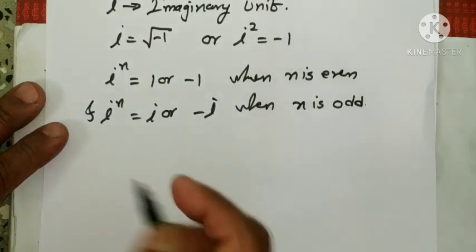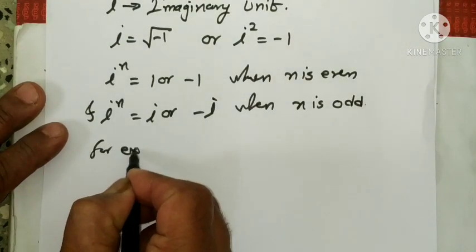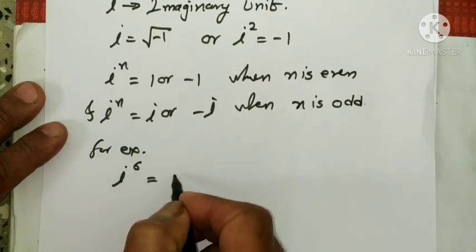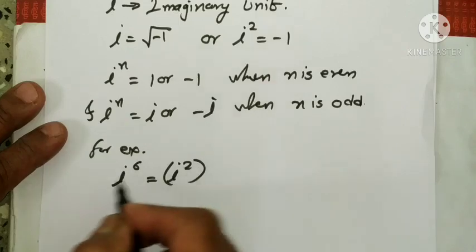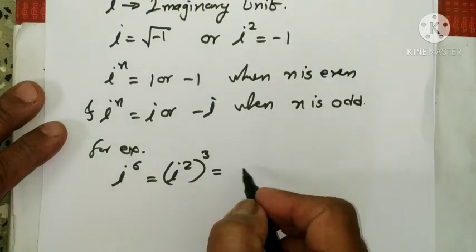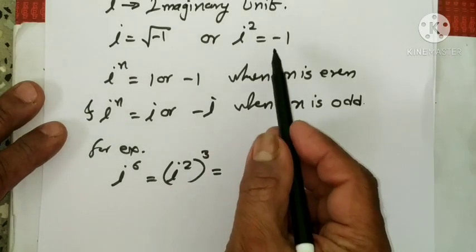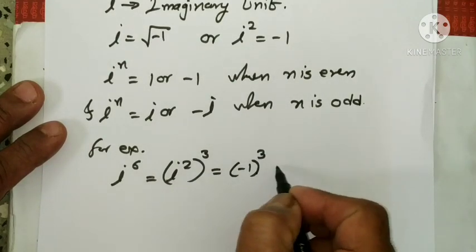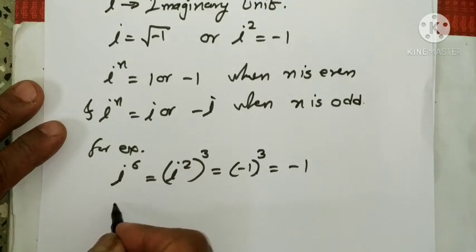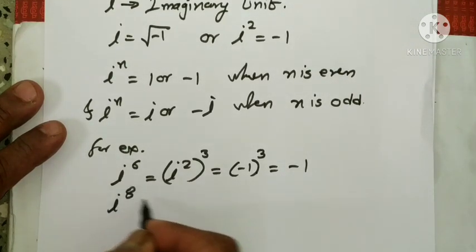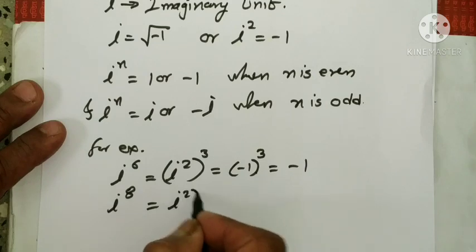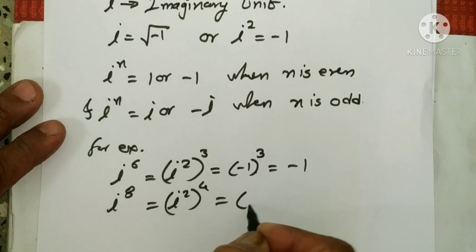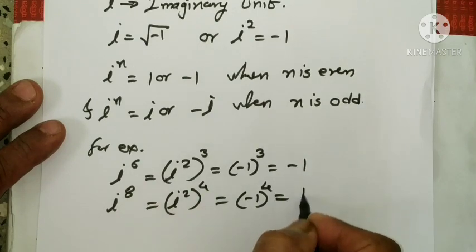For example, i raised to 6 is equal to (i square) cube, which is (minus 1) raised to 3, equal to minus 1. i raised to 8 is equal to (i square) raised to 4, which is (minus 1) raised to 4, equal to 1.